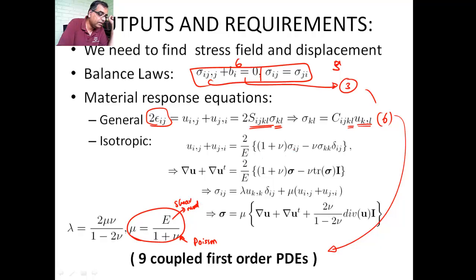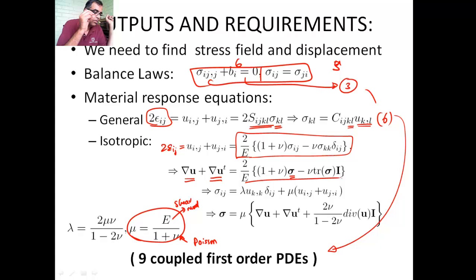One way to write it is 2 times the strain in terms of stress, which I can write in direct notation. This is the gradient of u, u_i,j, u_j,i is the gradient of u transpose, equals 2 over E times 1 plus nu times sigma minus nu trace of sigma I. Trace of sigma means sigma 1 1 plus sigma 2 2 plus sigma 3 3.